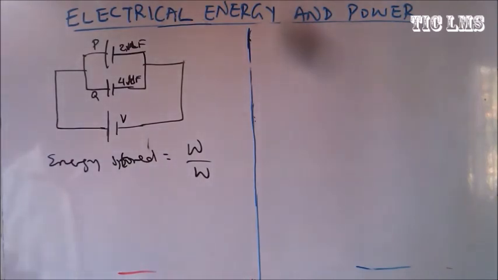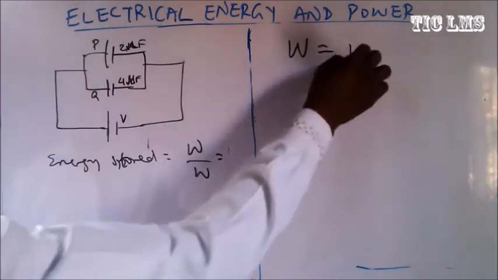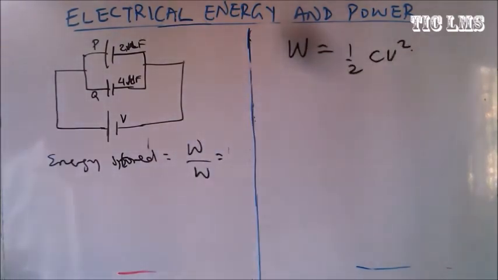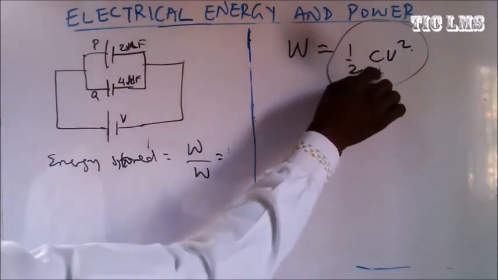In this setup, the electrical energy stored in the capacitor is equal to 1 over 2 C V squared. Now in this particular formula, everything here is constant except the capacitance.